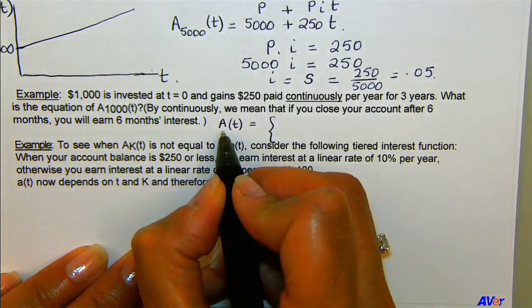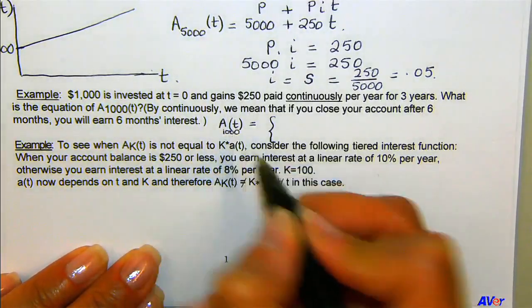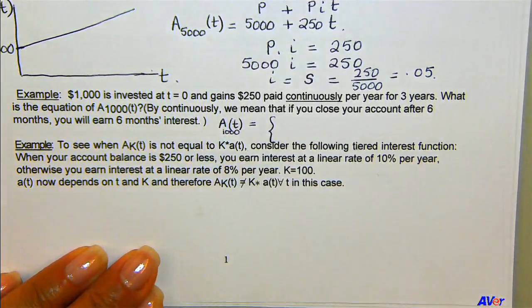So I should say A 1,000 of t because I'm starting with $1,000. It's not a trick question. It's just more of the same. Can you give me the function A 1,000 of t equals what?